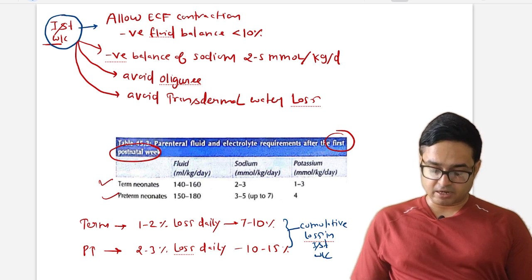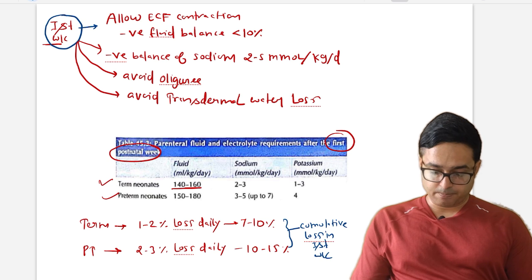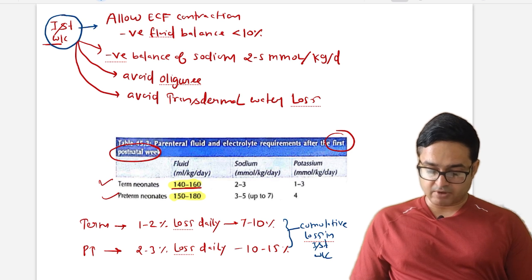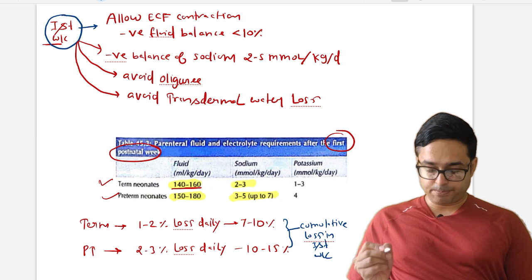Generally, term neonates require 140 to 160 ml per kg per day, and preterm neonates require 150 to 180 ml per kg per day. Sodium requirement is 2 to 3 millimole per kg per day in term, and 3 to 5 millimole per kg per day, up to 7 millimole per kg per day, in preterm neonates.